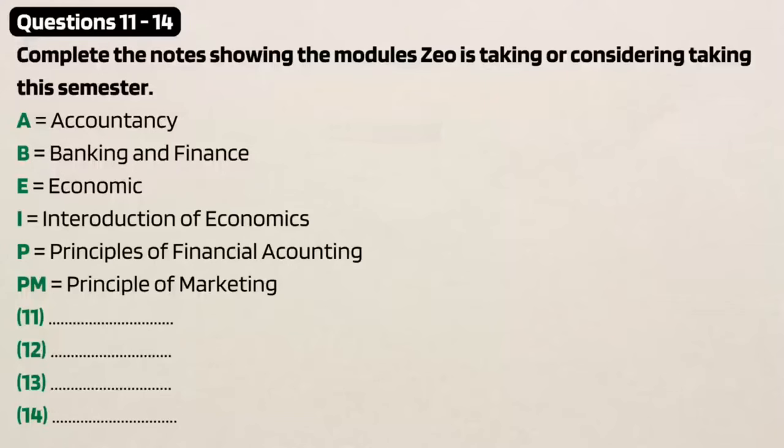Now turns to part 2. Part 2. Zoe goes to talk to her academic advisor. First, look at questions 11 to 14.